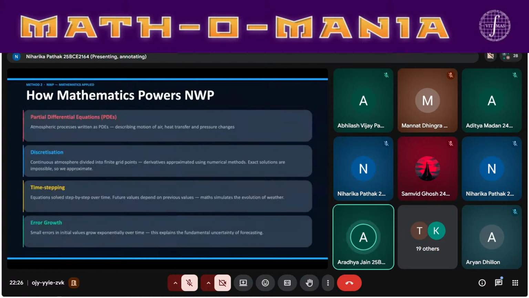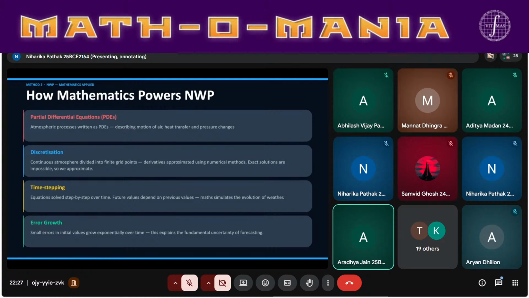So this is basically how the entire method works. As we said earlier, there are some partial differential equations which we use for each grid, and those equations, which previously Manat explained, describe the motion of air, heat transfer, and pressure changes. We use them in each grid so that we can understand the weather in that particular grid, right?